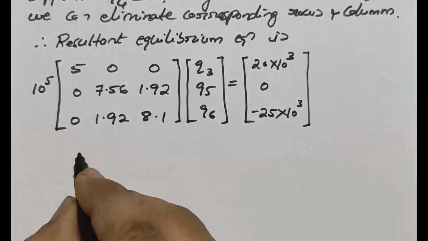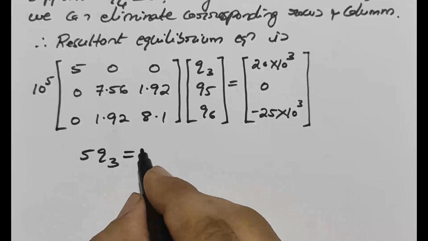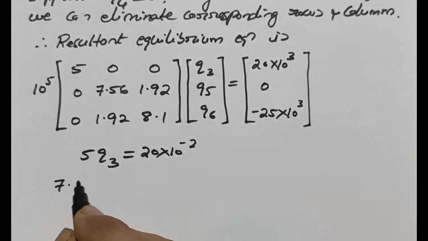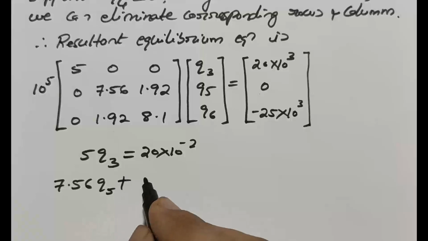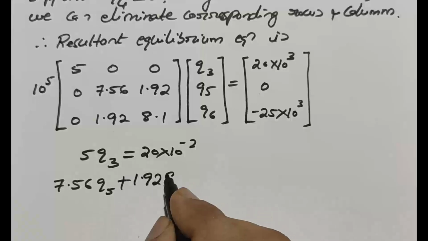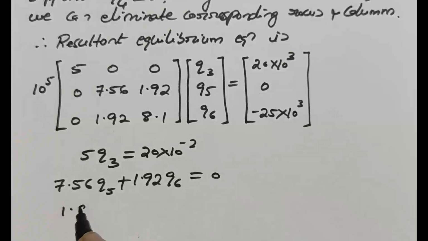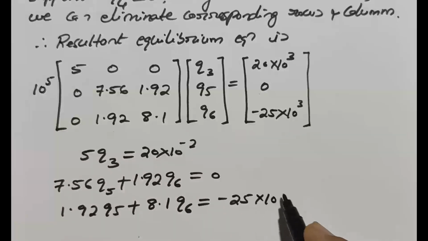Now multiply this. 5 into Q3 is equal to 20 into 10 power minus 2. 7.56 Q5 plus 1.92 Q6 is equal to 0. 1.92 into Q5 plus 8.1 into Q6 is equal to minus 25 into 10 power minus 2.